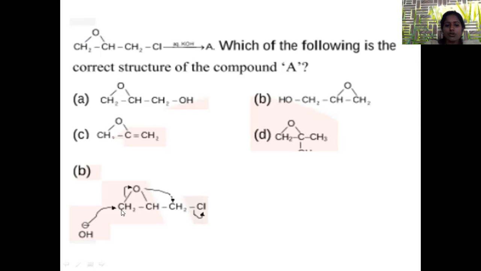OH attaches to this carbon atom, the carbon-oxygen bond is cleaved, and this oxygen binds with the adjacent carbon, so that again cyclization is possible and removal of the chloro group takes place. The correct representation of this compound is option number B, where we observe inversion of configuration. This is somewhat similar to SN2 type substitution. With respect to the chloro group, the OH group will attack from the back side, and inversion of configuration will be observed in this compound.